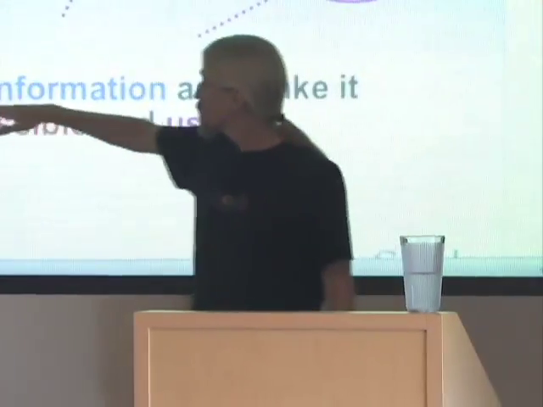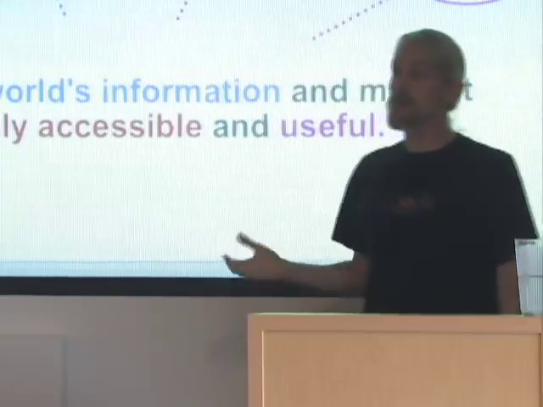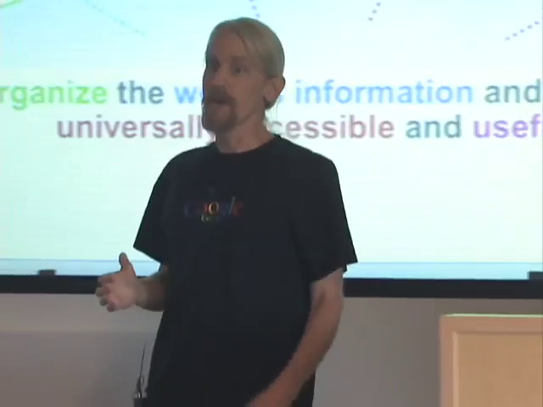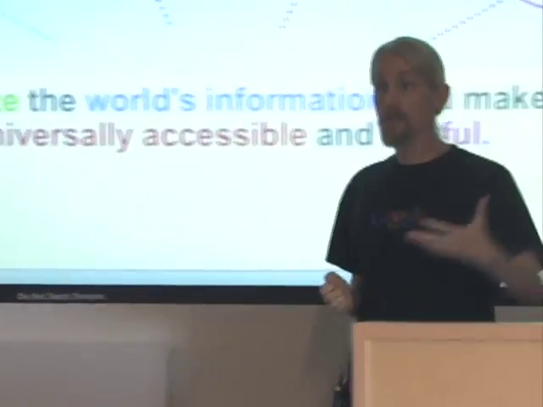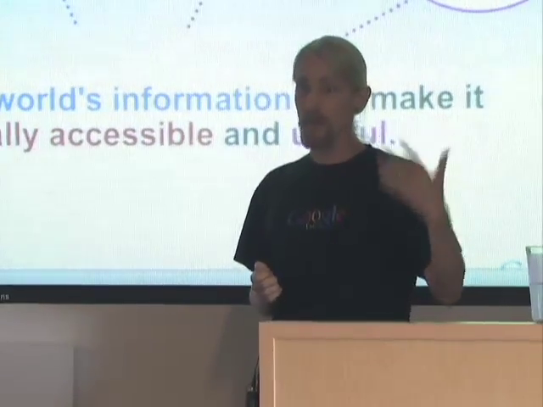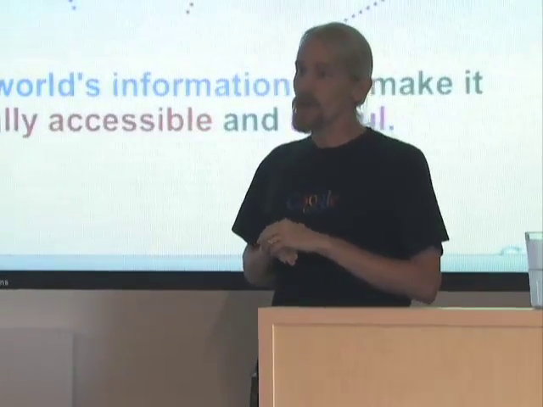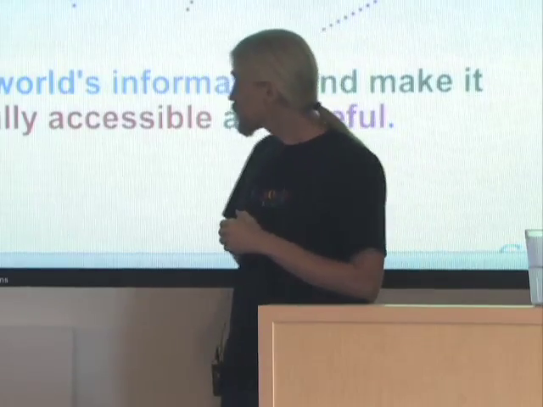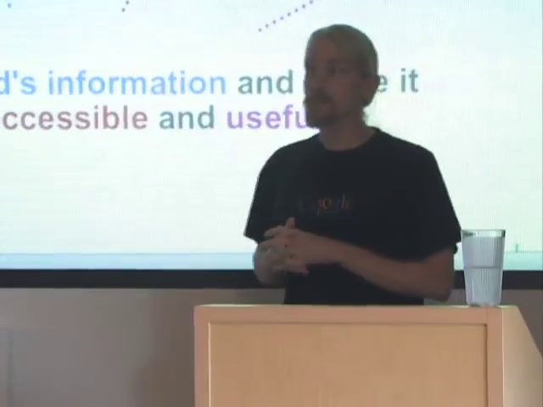Now, I also want to draw attention to the world's information. Right? Google is also not primarily a data provider. There are some particular services that we have that involve data from users, such as, for instance, Picasa and Blogger and things like that. But we're not interested in creating walled gardens, right?